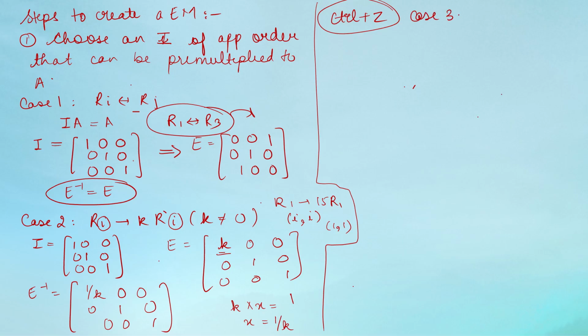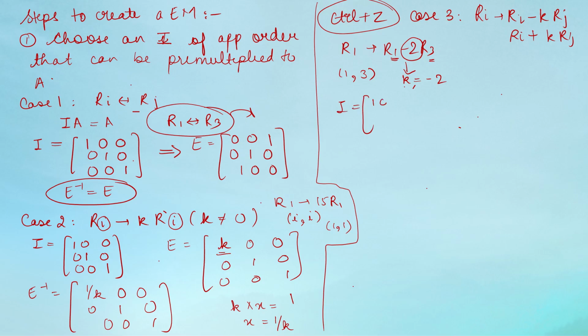Case 3. Case 3 says Ri minus K Rj or Ri plus K Rj. That's the same thing. Now let's say we perform an operation R1 gives R1 minus 2R3. So here the trick is to see the RHS, see the first row and the second index, that will be your coordinates, and your scalar will come as it is as K. And like you did in case 2, similarly, first make a fresh identity.